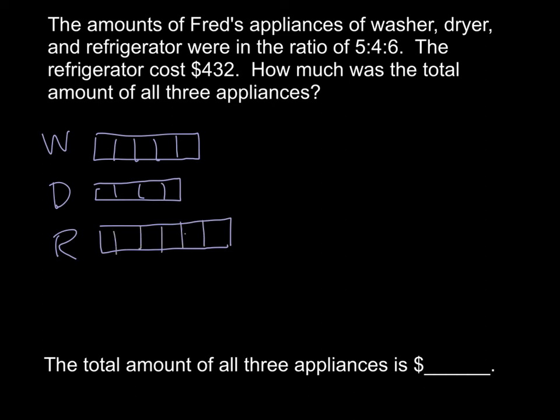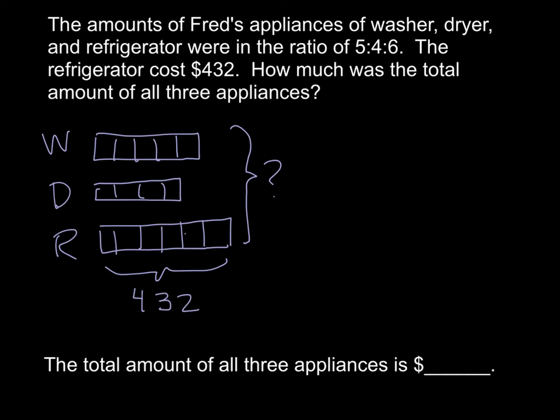And the refrigerator was $432. And the question was, how much are all three? This time, $432 represents 1, 2, 3, 4, 5, 6 boxes.